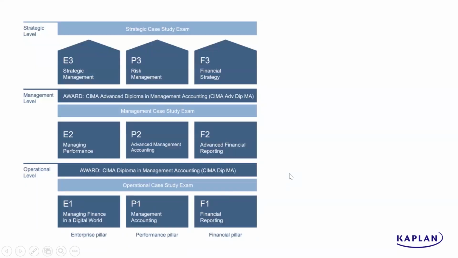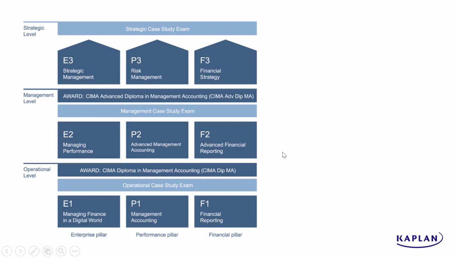The CIMA qualification consists of certificate level, which I am not showing on the screen at the moment. But once you have progressed past the certificate level, you will then encounter the operational, management, and strategic levels.